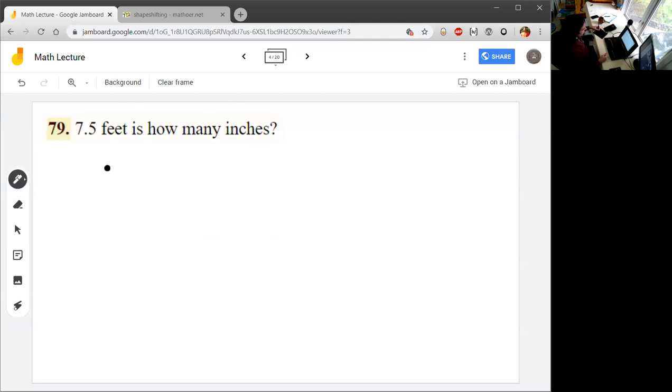So if I have 7.5 feet, 1, 2, 3, 4, 5, 6, 7, and then a little bit, that's just half a foot. Each of those is 12 inches. And so on.